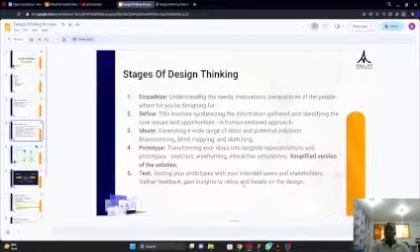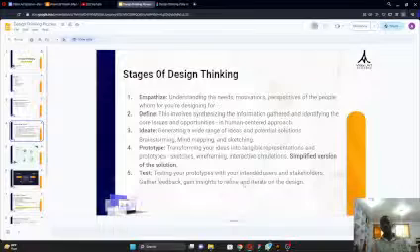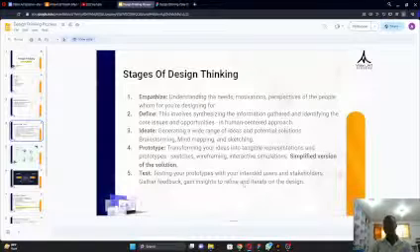So you need to consider that stage, because there are some apps out there that people are already using, but they are facing some frustrations, some challenges while using them. That is what you need to take note of. If you want to design a particular app that already exists, what you need to take note of are the frustrations that people are facing with the existing product.